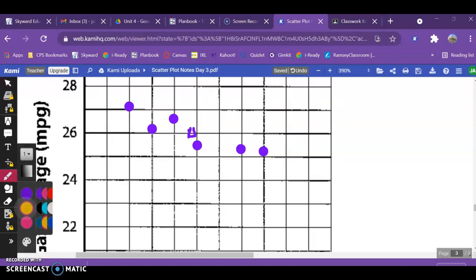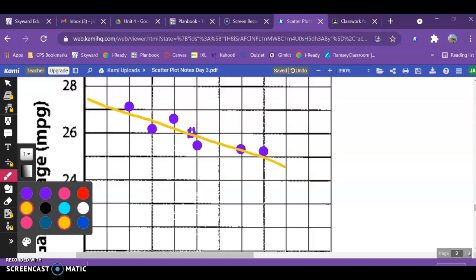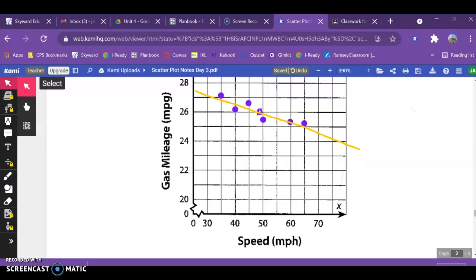I'm going to try my best, and I want it to go through the middle of the data. So I'm going to kind of go right there. I went through one of the points. I have 3 above the line, and I have 2 underneath of the line. And I've gone through my balance point, and I've gone through one other point. So I think that's pretty close to a good line, just drawing it by hand.